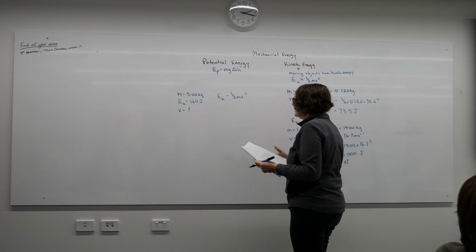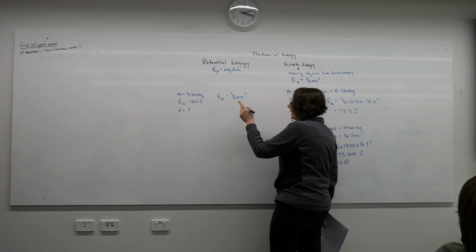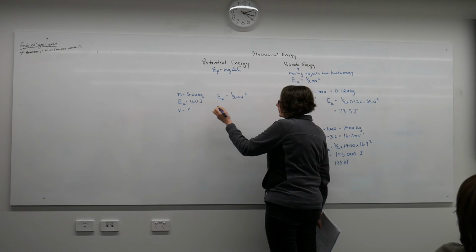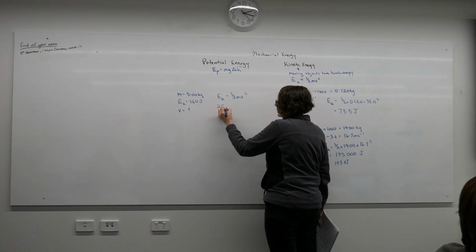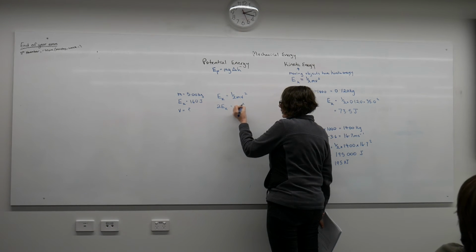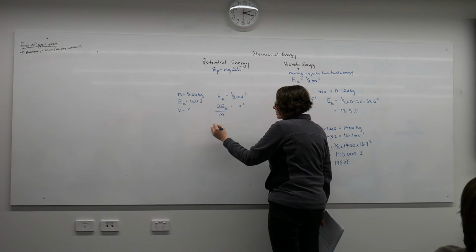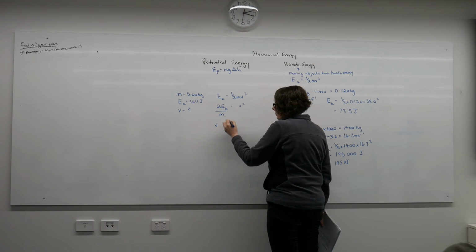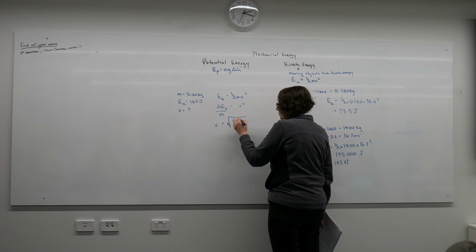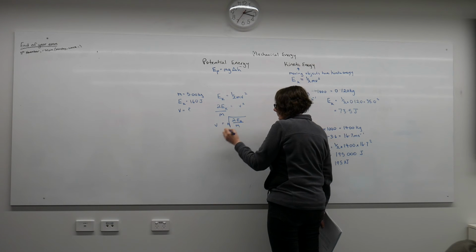So if I rearrange this, I would multiply both sides by 2. And then divide both sides by m. And so then the velocity will equal the square root of 2EK on m.